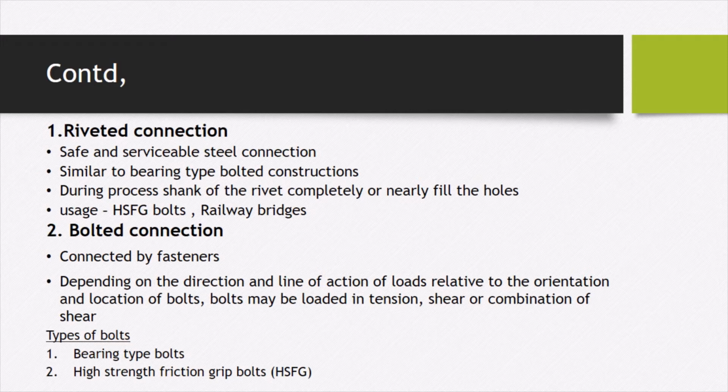This is also a major part of bolted connection, to know what type of load is acting on the bolt. And then the type of bolt. Generally we have two types of bolts: bearing type and high strength frictional grip bolts.